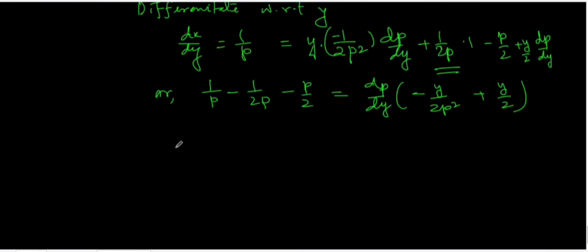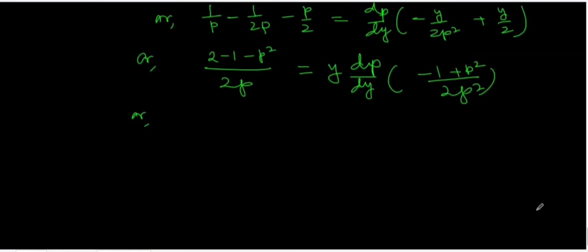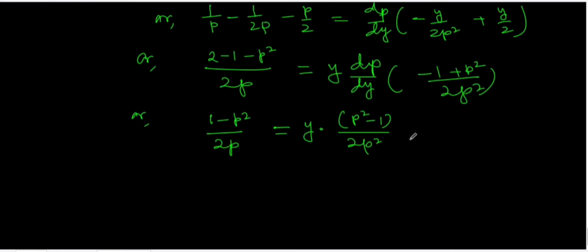Let's simplify these things. We'll get 2p, and then 2 minus 1 minus p squared. On the right-hand side, we take y common, dp/dy times (negative 1 plus p squared) upon 2p squared, or 1 minus p squared upon 2p equals y times (p squared minus 1) upon 2p squared times dp/dy.